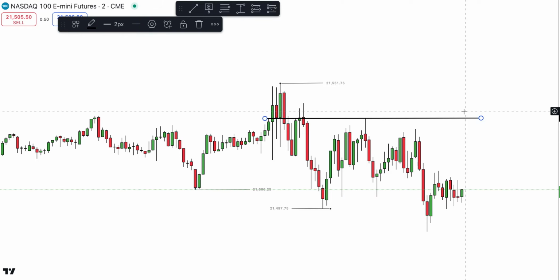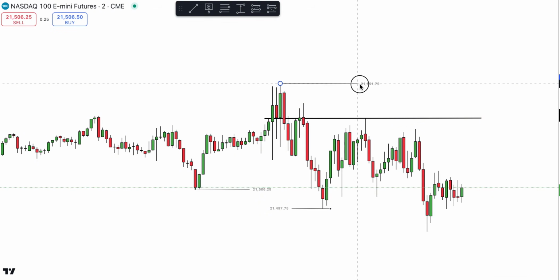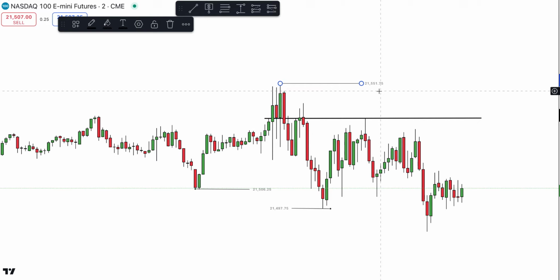Just have an entry area or an entry price and say, hey, if price can come and touch this, then I'm more interested in the trade. As long as, now this is where going back to trend comes into play, right? We're going to go back to the first step. Since the market's in a downtrend or potential downtrend, now I want to see if the market can stay below the previous higher high.